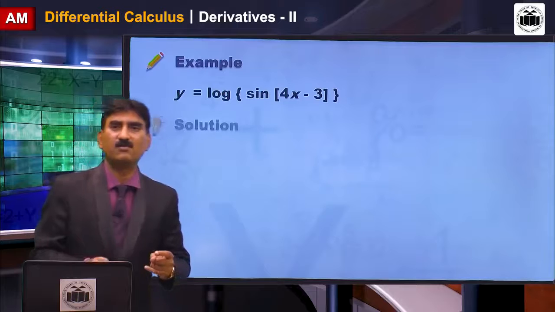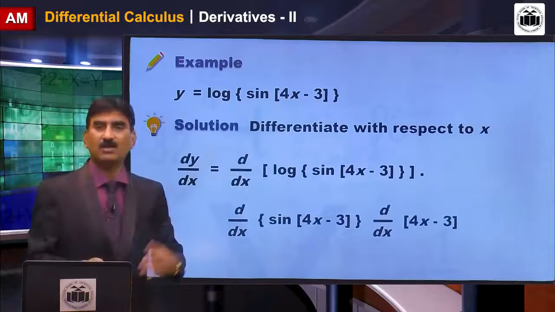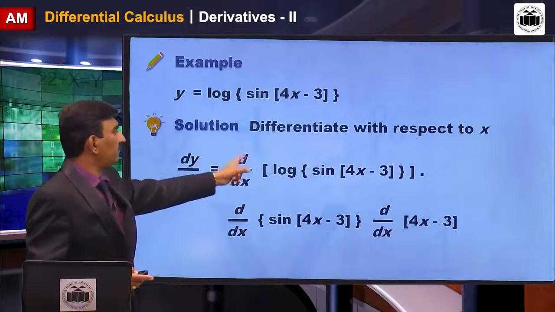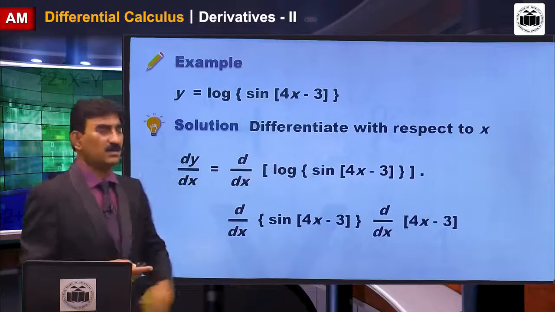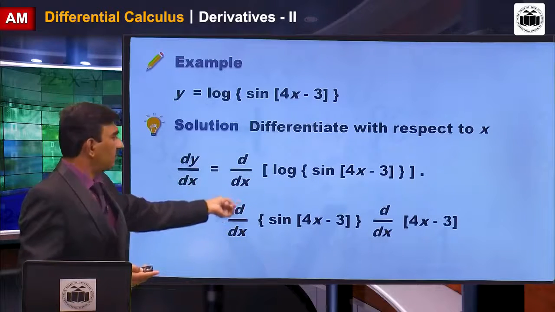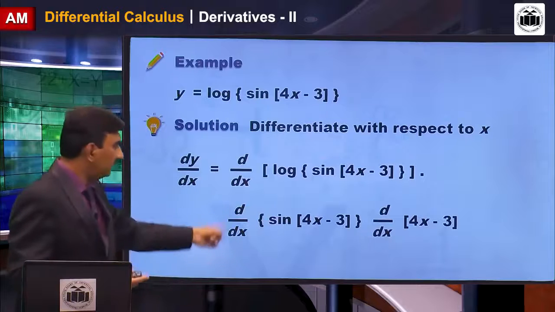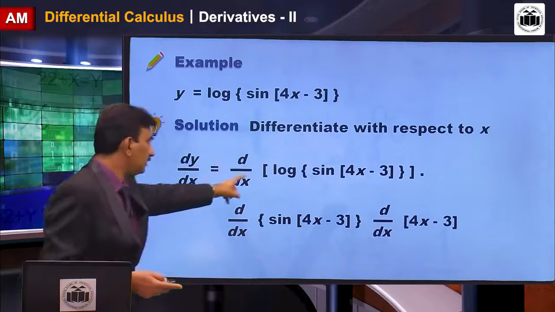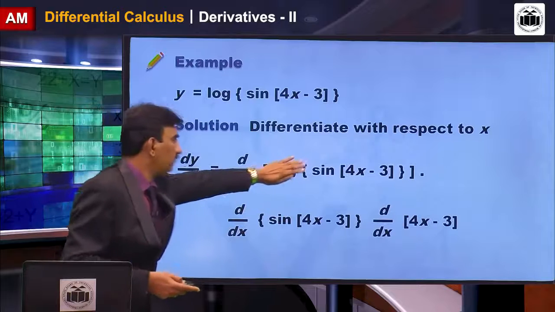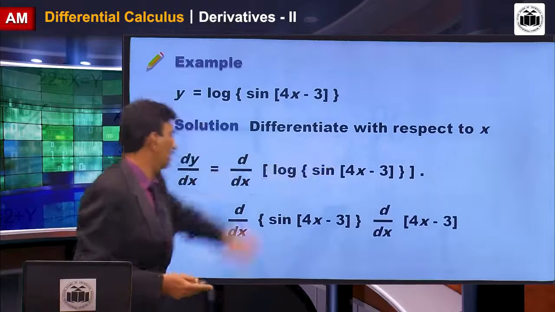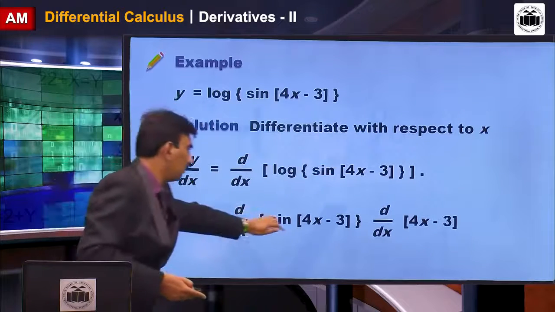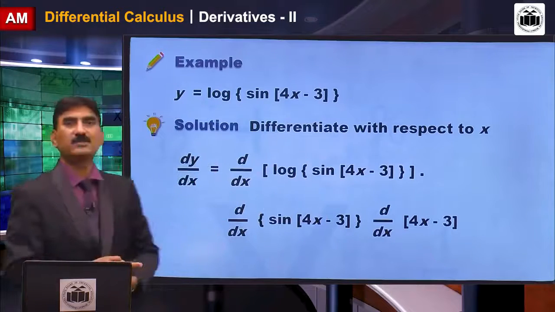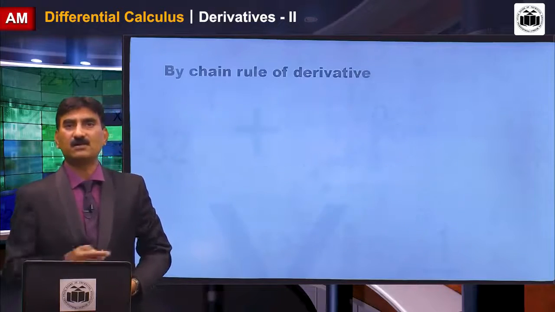Now let's see how we arrange. According to the chain rule, first we write down d by dx of log of sine of (4x minus 3), then d by dx of sine of (4x minus 3), and then d by dx of (4x minus 3). So first we take the derivative of log, keep sine (4x minus 3) as it is, then the derivative of only sine, keep 4x minus 3 as it is, and lastly we take the derivative of 4x minus 3.